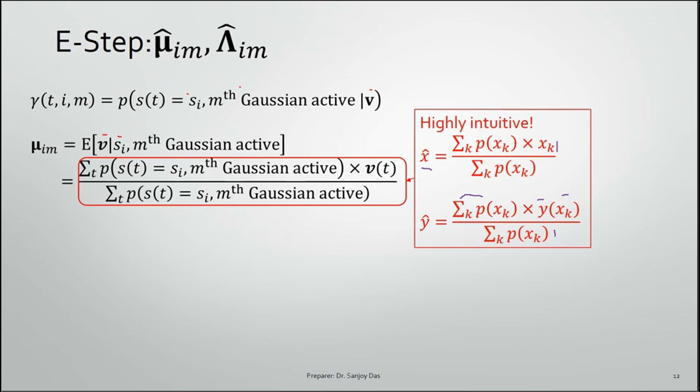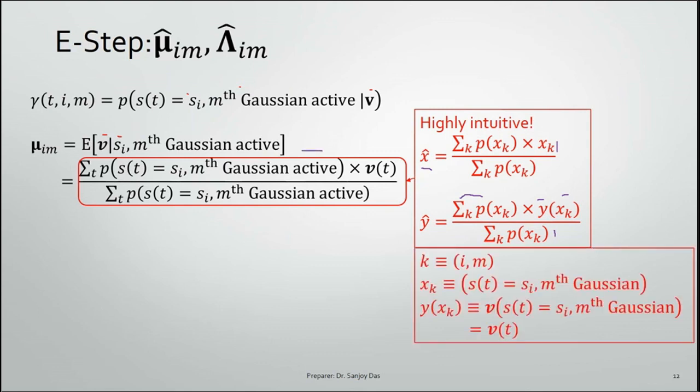Now I'll draw an analogy with the situation that we have on the left. The samples k equals 1, 2, 3, 4, that index I'm replacing with i for the ith state and m for the mth Gaussian. And xk is the event St equals Si and the mth Gaussian is active.